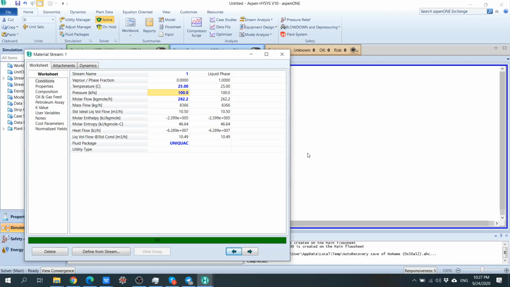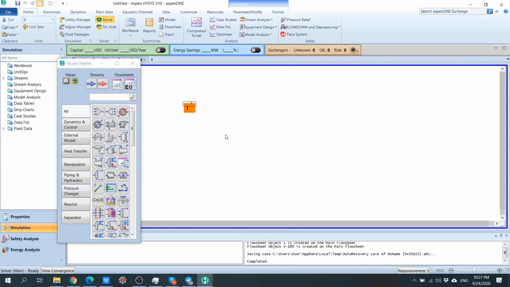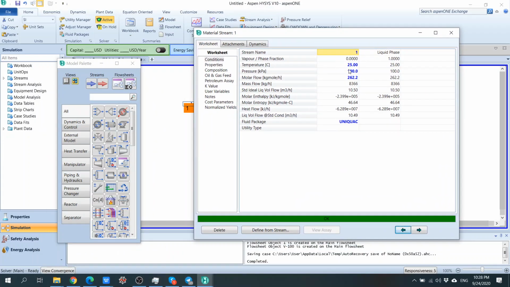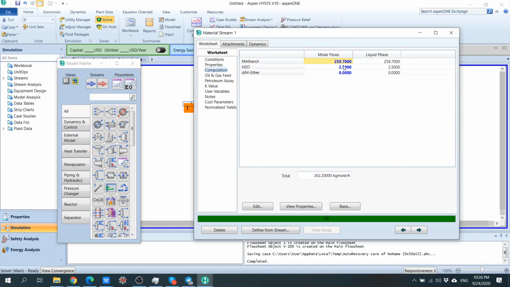Because we don't know what the exact compositions are. To get all of this data, how much is the volume, how much is the density, and so on and so forth, we need to know exactly how much is the compositions. But how are we going to get these compositions? From real data.